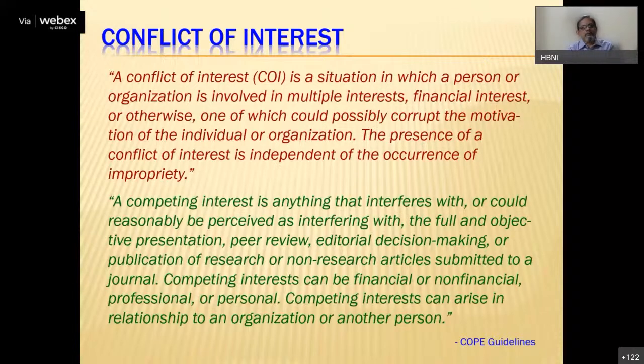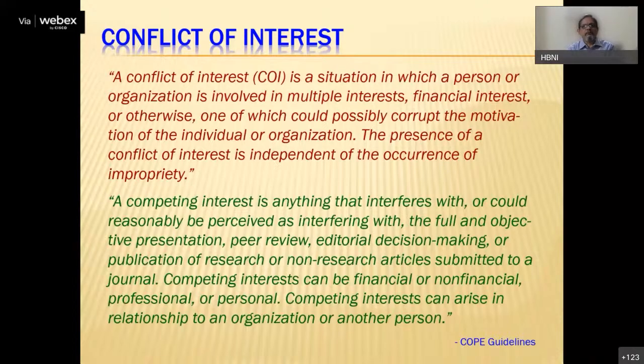So this competing interest, which is another name for conflict of interest, is anything that interferes with or could reasonably be perceived as interfering with the full and objective presentation, peer review, editorial decision making, or publication of research or non-research articles which are submitted to a journal.